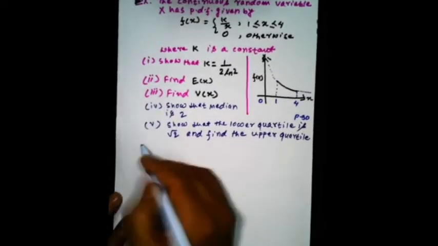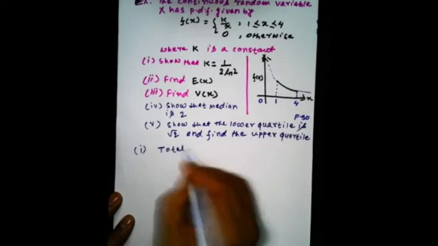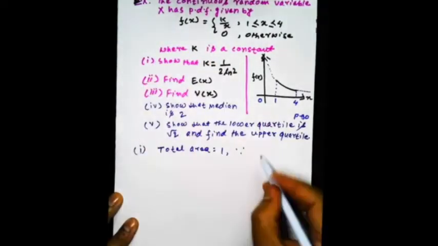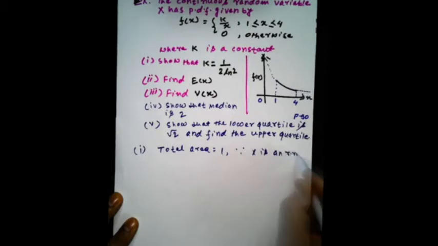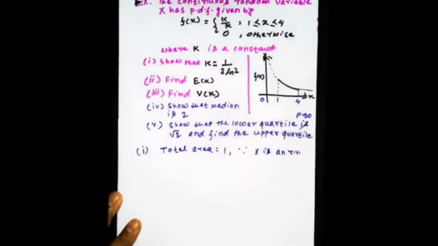So in question number 1, you have to first write total area equals 1, since it is given that x is a random variable, and definitely this is a continuous random variable.